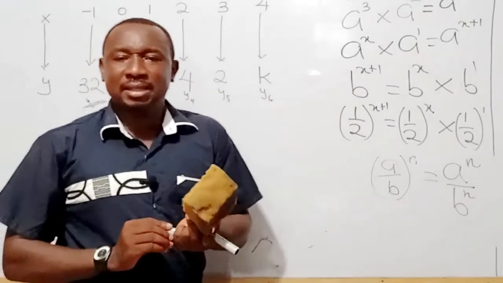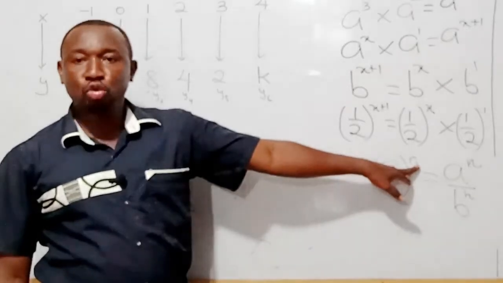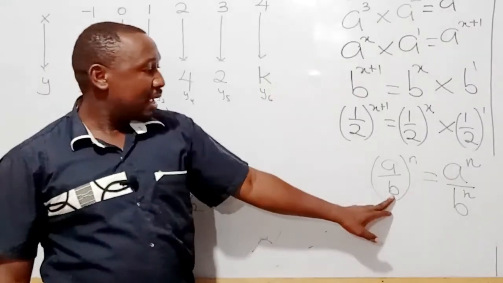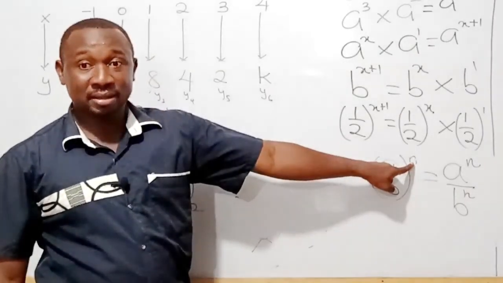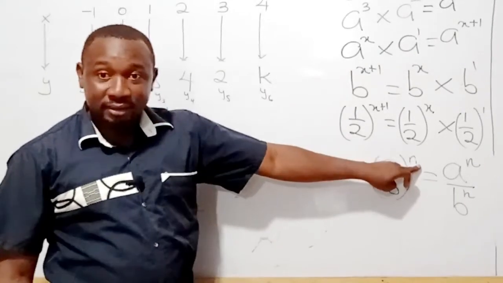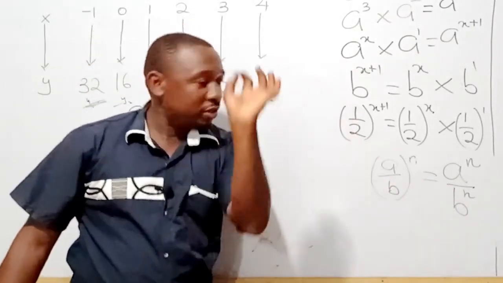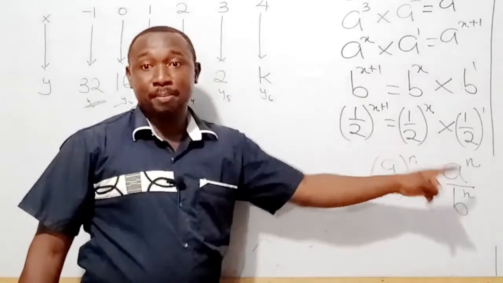The meaning is that you take the numerator and then you square. After that, you take the denominator and then you use this power. In this case, the power is n. So A to the power n and then B to the power n. The numerator will take the power n and then the denominator will also take the power n.